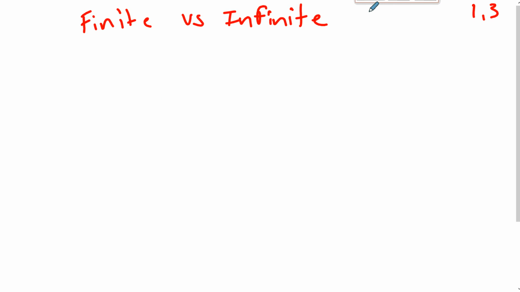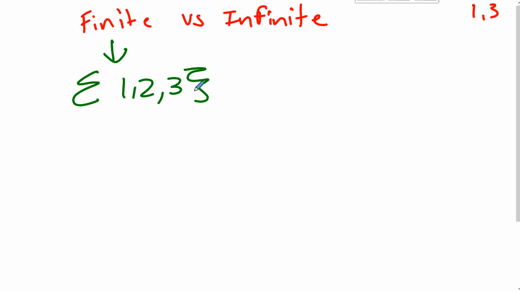Now finite versus infinite. Finite just means that it ends. So a finite set is just like we described before: {1, 2, 3}. An infinite set means it goes on and on and on. So it could be something like {1, 2, 3, ...}, and that dot, dot, dot just means it continues the pattern.